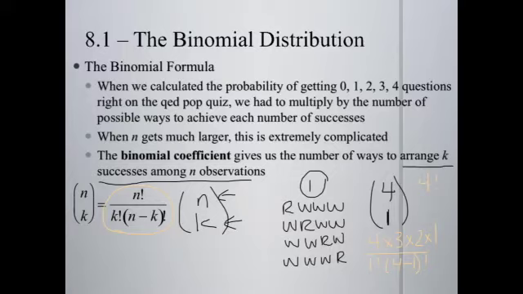I'm not going to have you worry about this because the calculator does everything for us. So I just want you to realize that N choose K is not the same thing as N over K. We're not dividing. This is not a fraction. N choose K is called the binomial coefficient, and we need this in order to do binomial distributions for our formula, which you're going to see in the next slide.